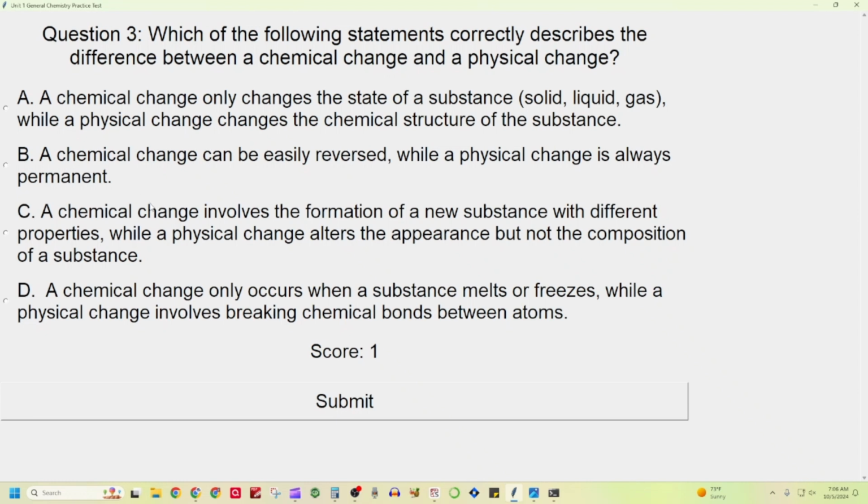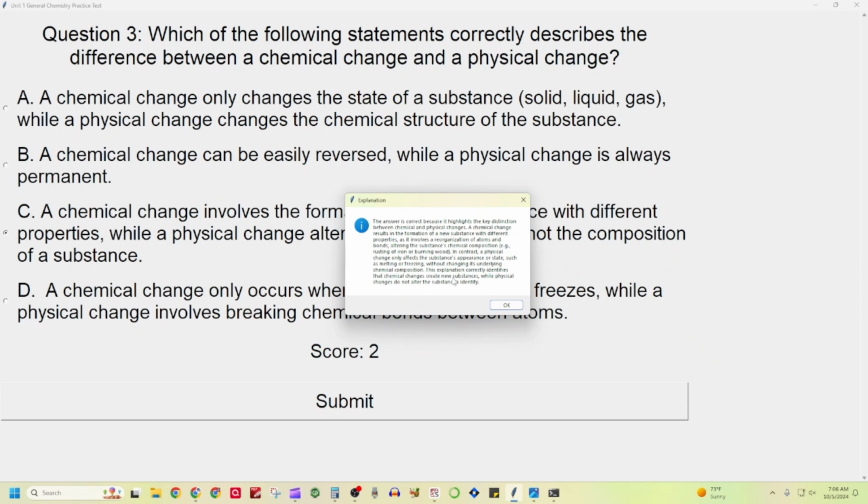No. Chemical change involves the formation of a new substance with different properties, alters the appearance, but not the composition. A chemical change only occurs when a substance melts or freezes. Nope, that is describing a physical change. Correct. Yep. We can see it gives a brief overview of the explanation.